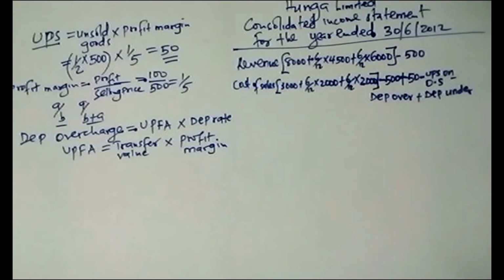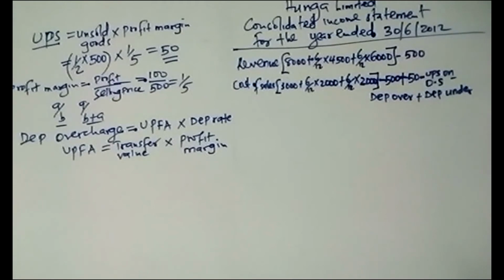Since he received it from the other entity and will never resell the asset, he will never realize the profit, because when he was receiving it, he paid plus a profit. In his case, he will never resell the asset; it would be used for business purposes. So since he will never realize the profit, we have to check for the unrealized profit so that we adjust the property, plant and equipment account and the retained earnings account.